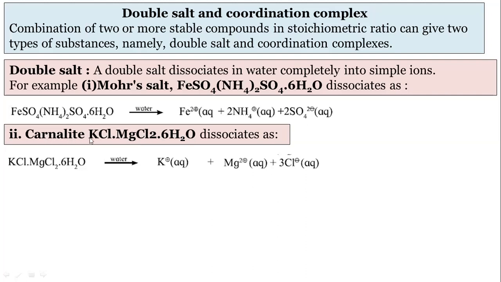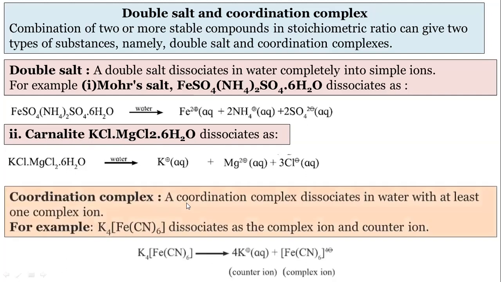It is a double salt. Double salt means it is prepared by using two different salts. So carnallite is prepared with potassium chloride and magnesium chloride. When it is dissolved in water, again ions are formed: potassium ion, Mg2+ ion, and 3 chloride ions.